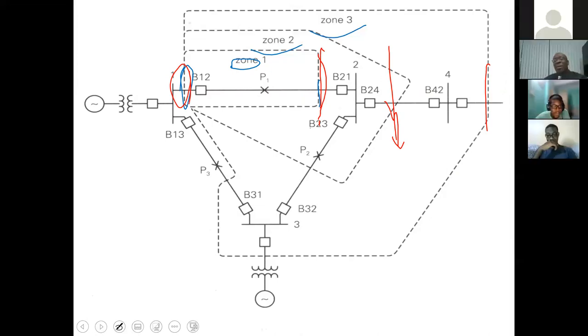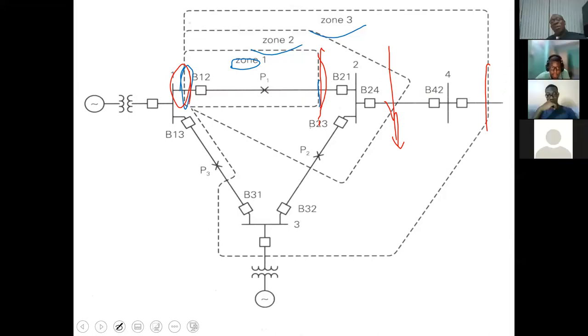All right? And then for zone 3, note it is not only on the next door neighbor's line. It is way down the road. So there are certain percentages that we will point out to you. All right? So, for zone 1, ideally, the international standard is 80%. So we look at 80% of the line.